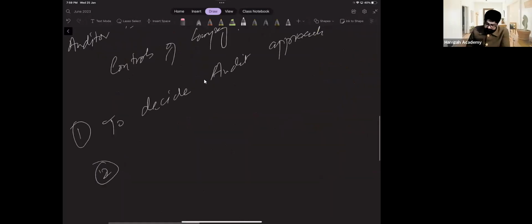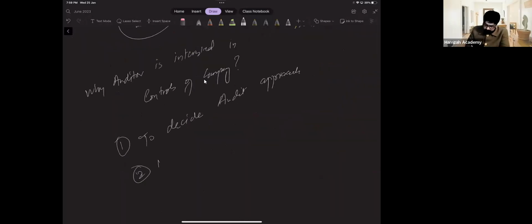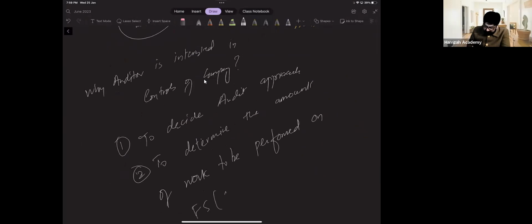So in other words, second, the auditor is to determine the amount of work to be performed on financial statements. Work means substantive test. How much substantive test I need to perform on the financial statements. And how will I determine? Through controls I will decide it.